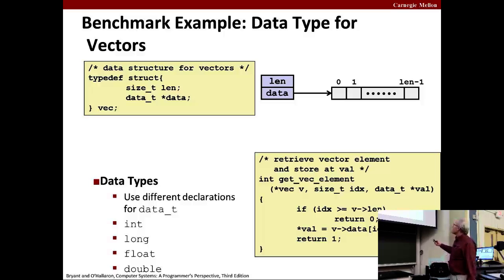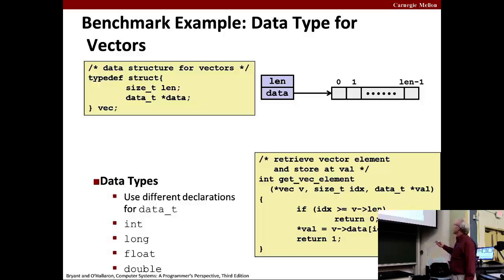This particular function retrieves an element: I pass a pointer, and that pointer gets used to retrieve the value from the array. And the return value of this function is just 0 or 1, 0 meaning failure and 1 meaning success.